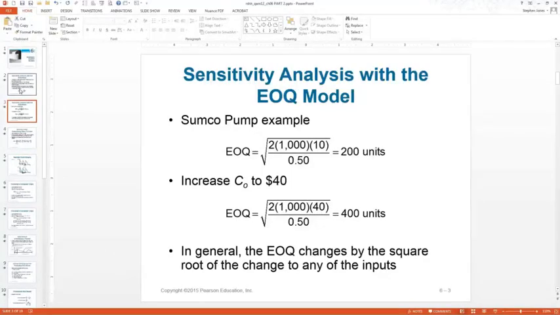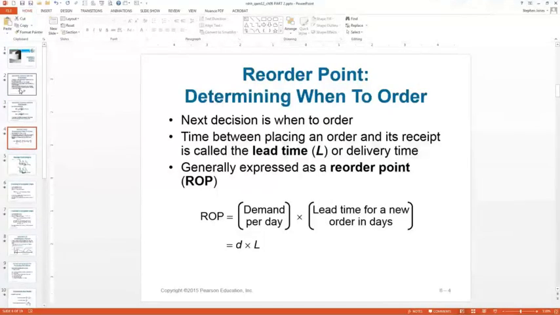The square root portion minimizes that effect. We could have assumed that quadrupling any of the costs should quadruple the order quantity, but it doesn't with the EOQ.